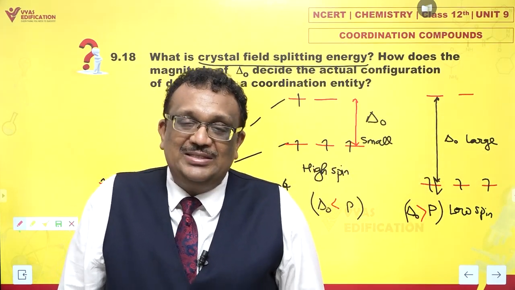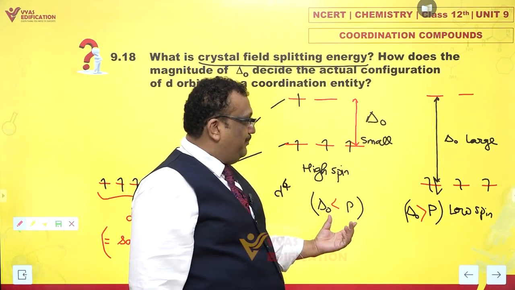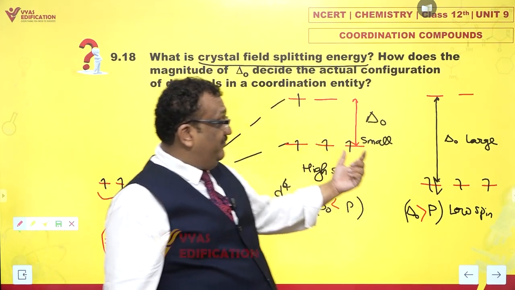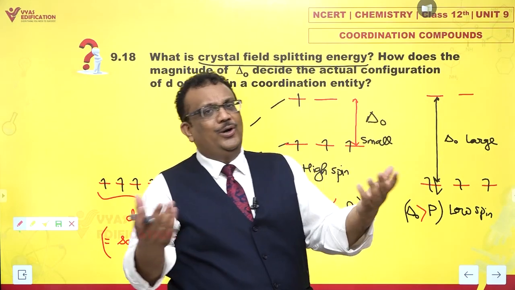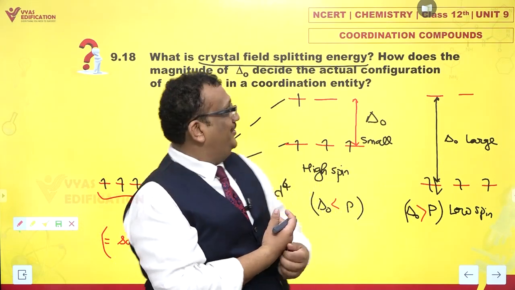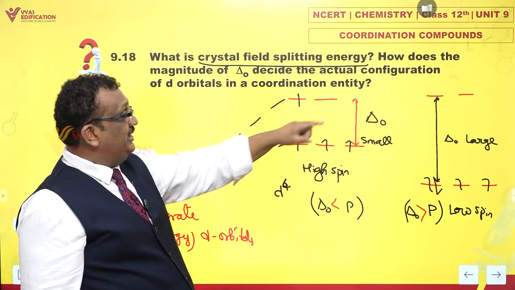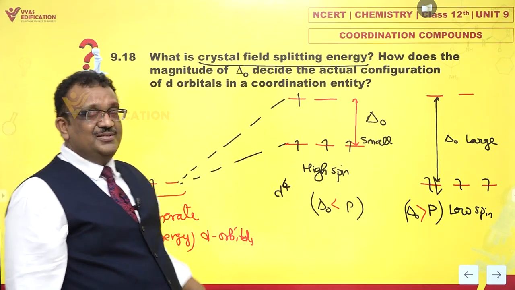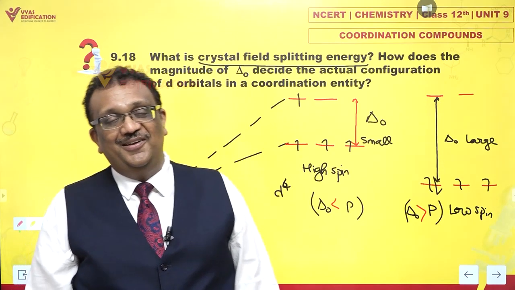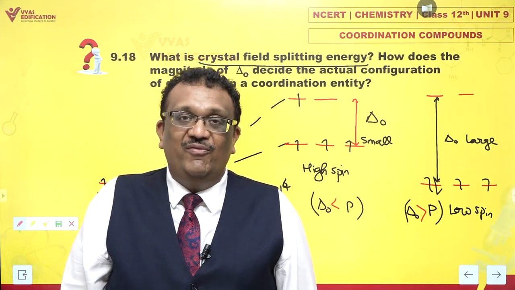So it's as simple as that. If delta O is less than pairing energy, you get a high spin complex. If delta O is more than pairing energy, you get a low spin complex. And this is exactly how delta O decides the actual configuration of d orbitals in a coordination entity. I hope you've understood this.